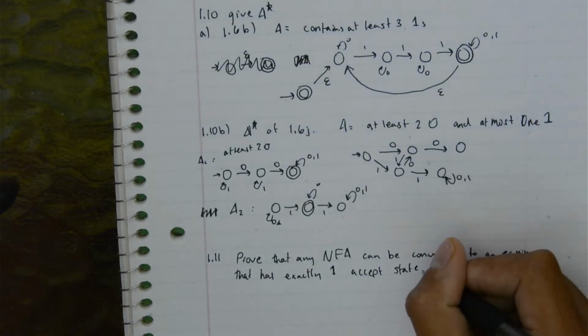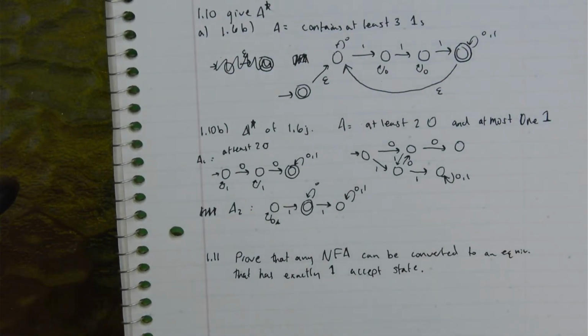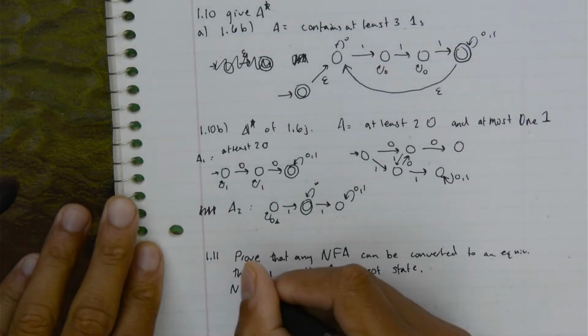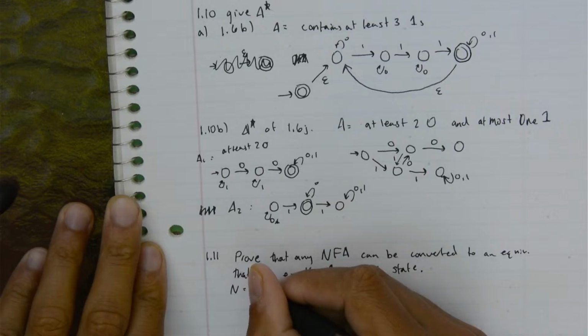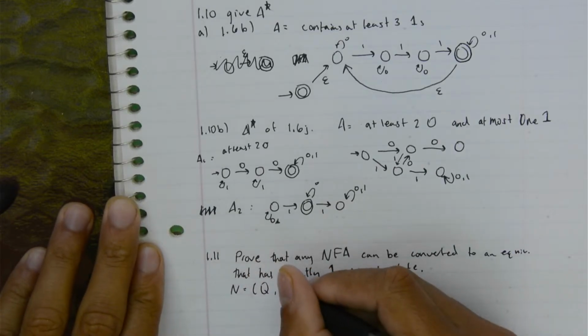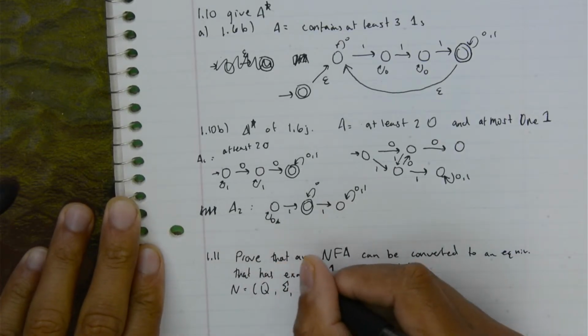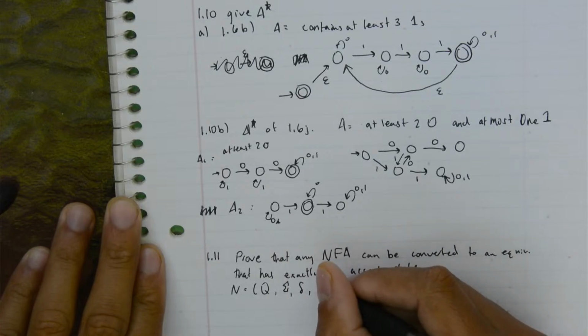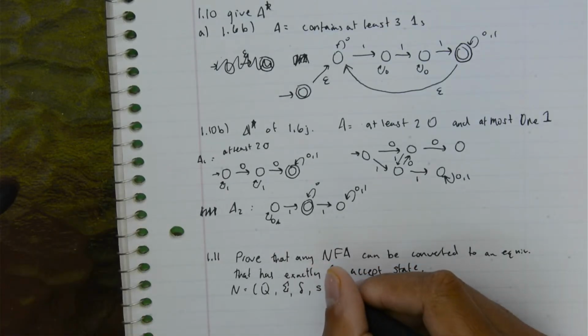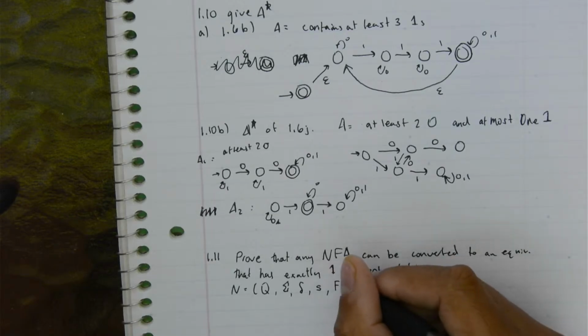Okay, this proof is actually super straightforward. So basically, let's say that N is equal to the NFA. So Q, sigma, delta, let's just say S for start and F for finish.